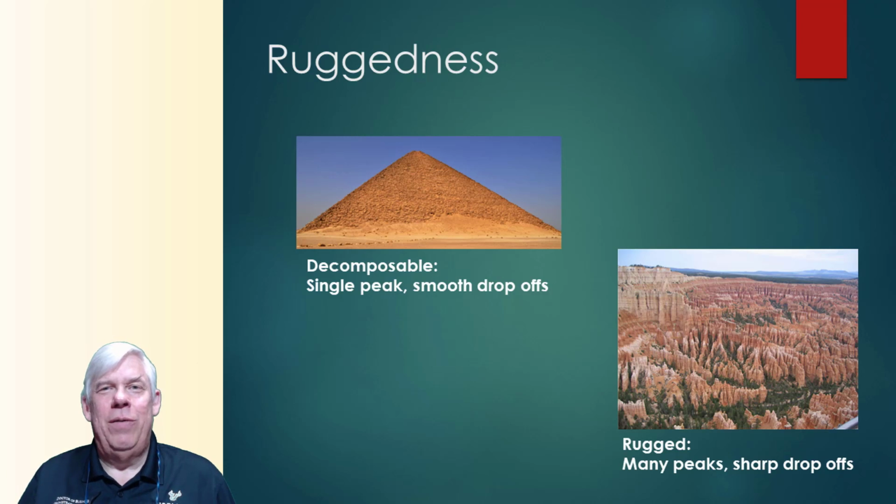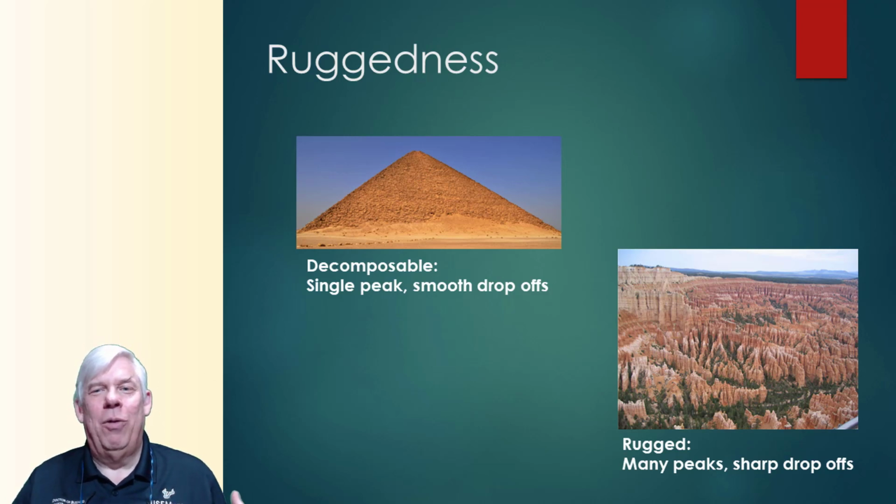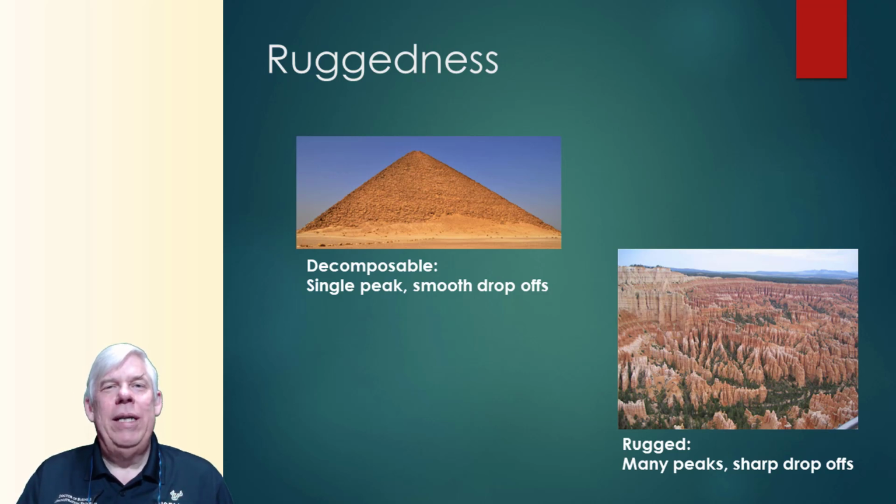And as soon as you've discovered that one of your question responses is correct, then you've moved a step closer to that peak. Rugged landscape, there is no real concept of a right direction, because there are lots and lots of local peaks, lots of sharp drop-offs between them. And as a consequence, you really need to think about how you're going to explore this landscape.